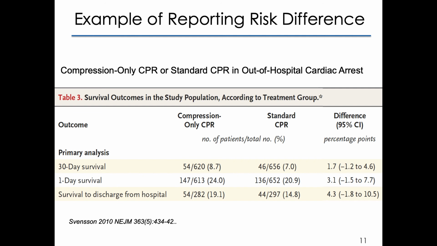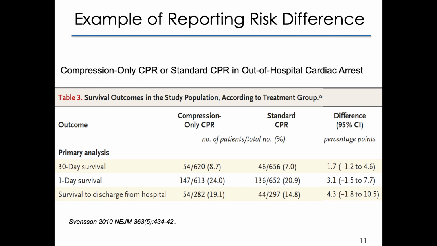They were given some kind of a note that randomized each patient that they came across that they were treating, whether that was somehow randomized to be in the compression only versus standard CPR group. So the two columns are the compression only CPR group and the standard CPR group. And the first row is 30-day survival as a primary outcome.